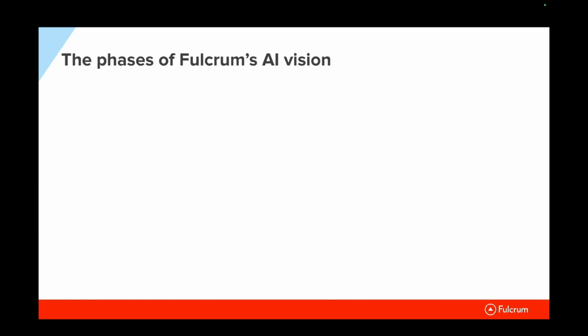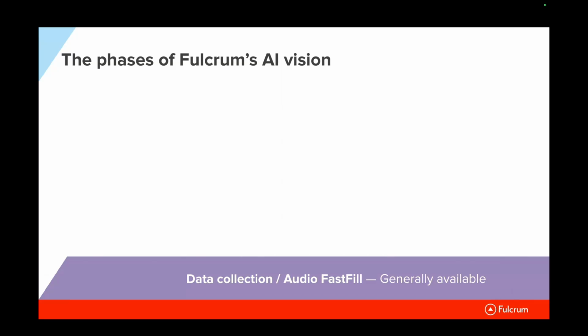We talked a little bit about AI. I would be remiss if I didn't mention what we're doing in AI. We've got some of these things happening already. For example, on the data collection side, if you think about voice to text, you can speak into your phone and it'll fill in a specific text field. What we really need is voice to data, and you can talk to audio fast fill in Fulcrum and it will automatically figure out what you said and how it should check yes no boxes and what part of a pick list it should choose from, and so on.